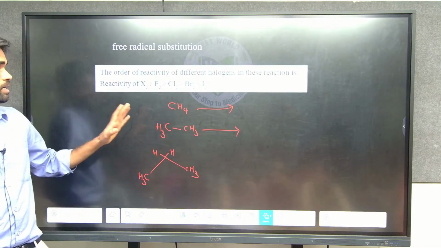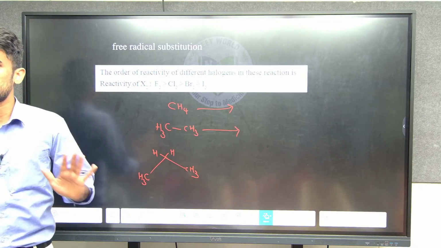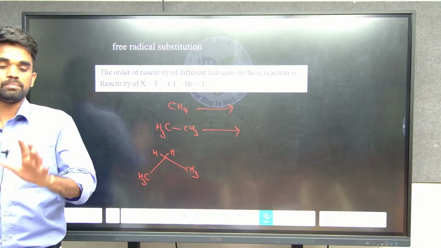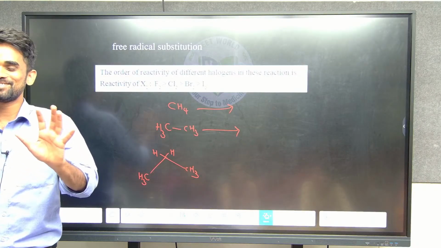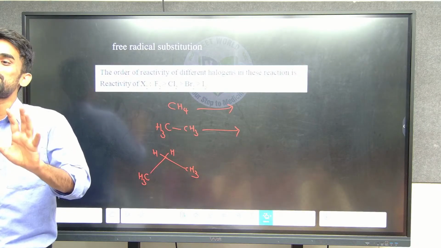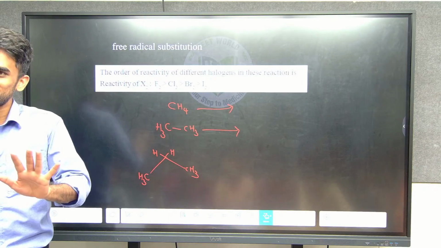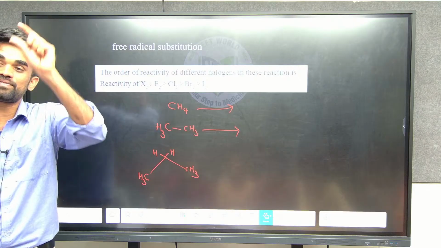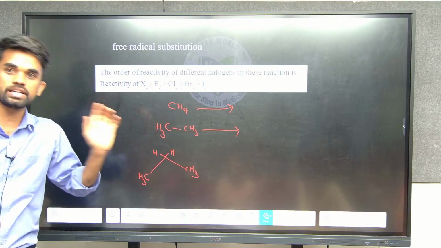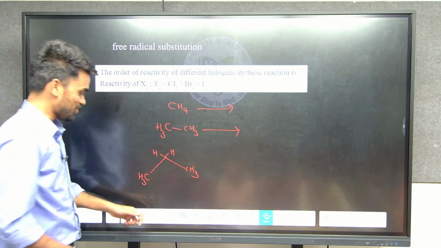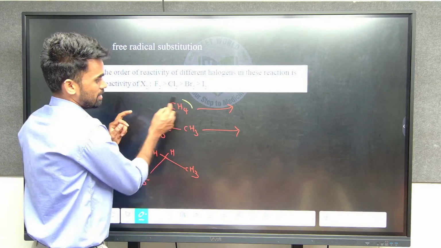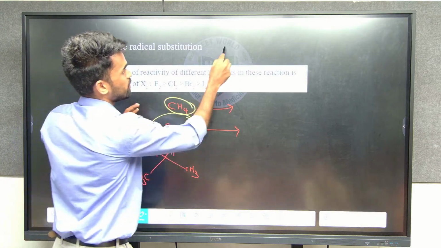So it means at normal condition they won't show chemical reactions. But upon heating, or using sunlight or specific frequency, it shows reactions. Okay? So now, these alkanes I am treating with halogens.